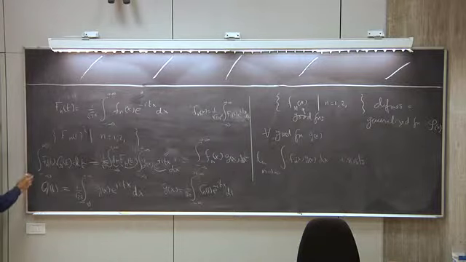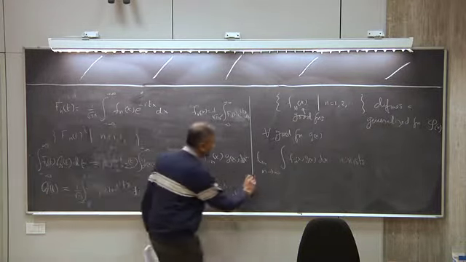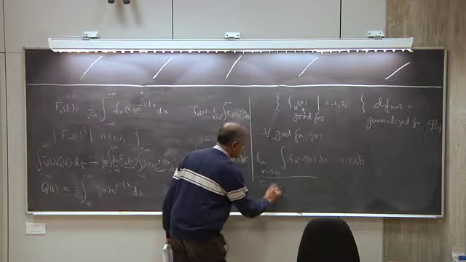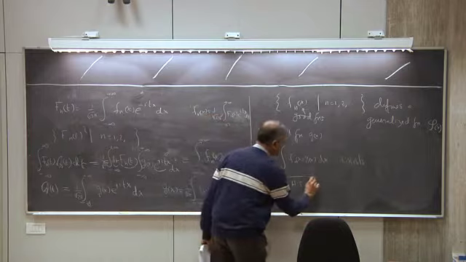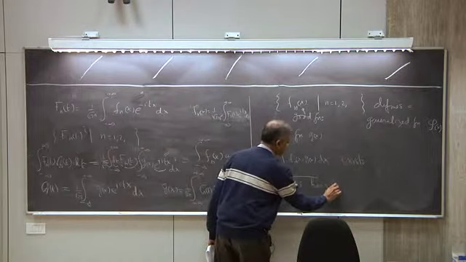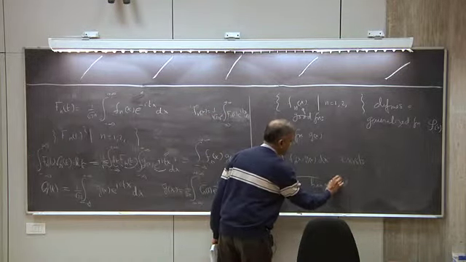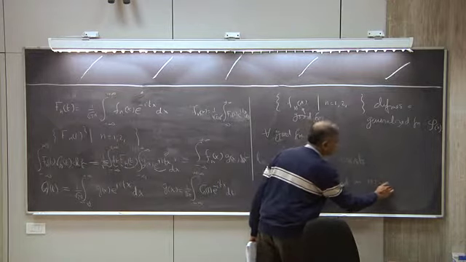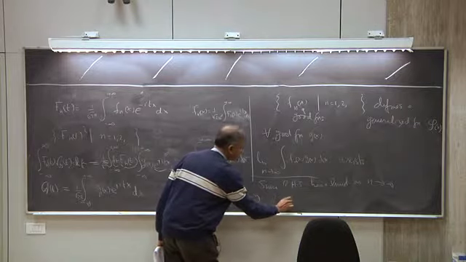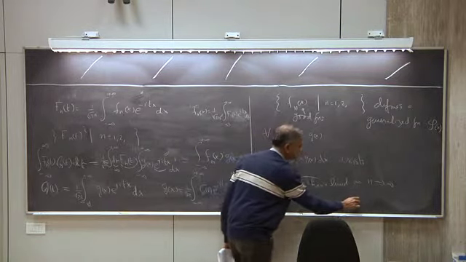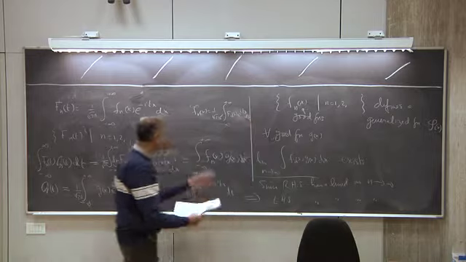So the statement is that since the right hand side has a limit as n goes to infinity, this implies that the left hand side also does, because the two things are equal.